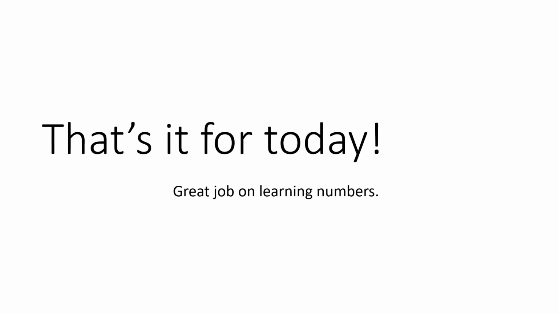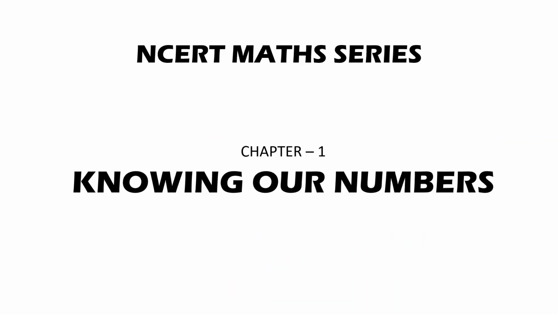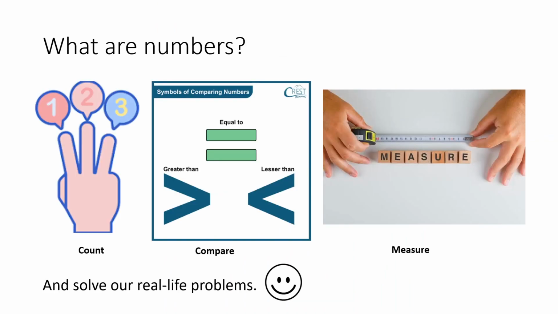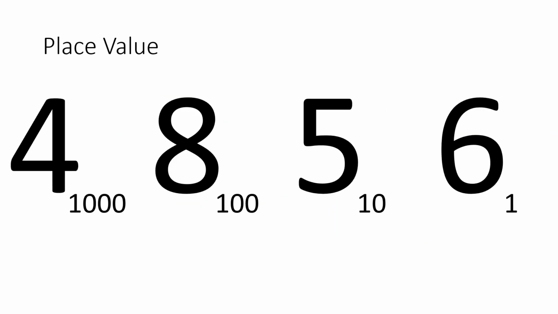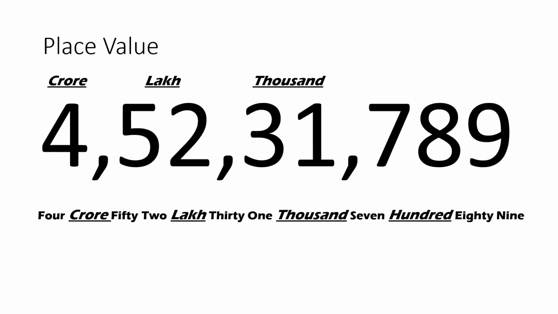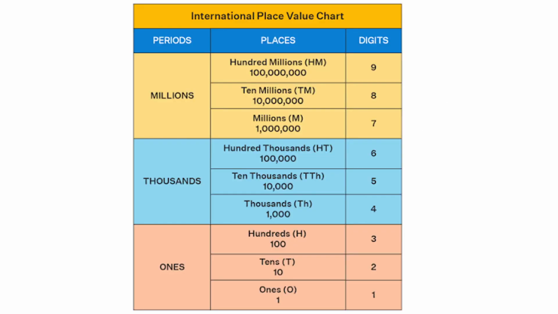So till now it has been very easy, and that is it for today, guys. Great job on learning numbers. We learned a lot. We learned how to read numbers and what their applications are, and how to understand their place value, and how to read it in the Indian place value chart, and how to read it in the international place value chart.